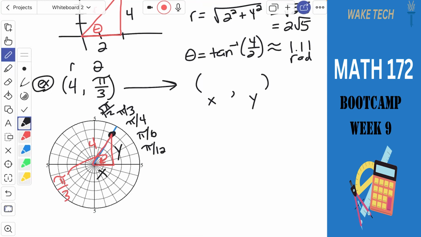We can figure both of those out by using right triangle trig, SOHCAHTOA. We know that cosine of that angle, pi over 3, is equal to its adjacent side divided by the hypotenuse. Right? Cosine is a over h. What that tells us is that x is equal to 4 cosine pi over 3.